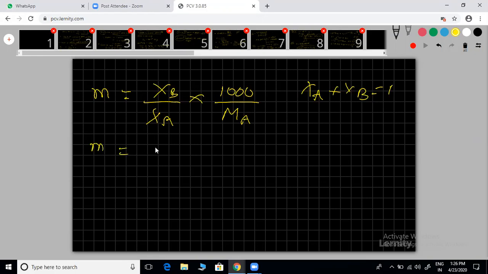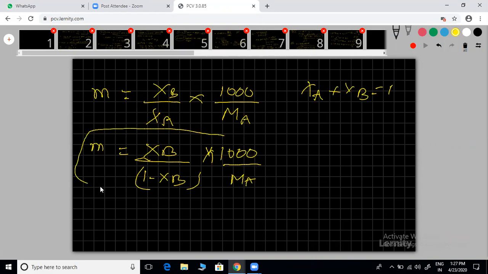Mostly our target is in terms of solute. They ask molality, they will give mole fraction, find the molality, or mole fraction they will give, find the molality. So they can give any conversions. So with xA equal to 1 minus xB, into 1000 by MA. So this is the relation between molality and mole fraction.